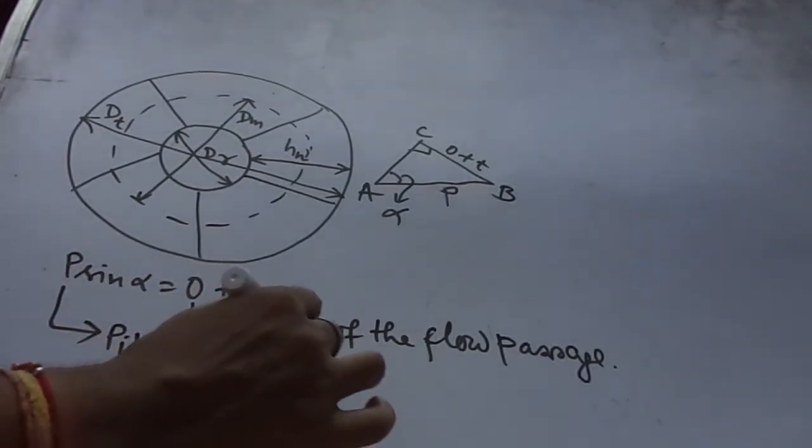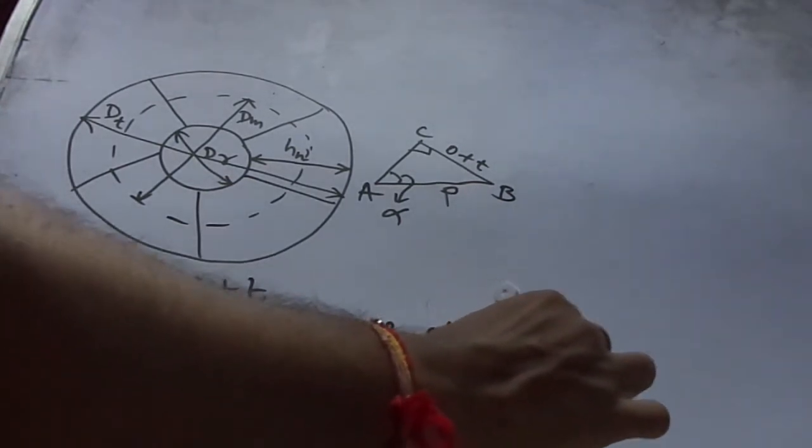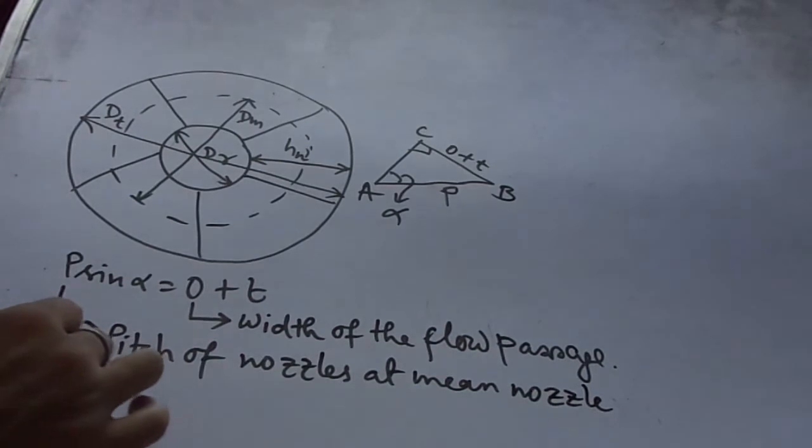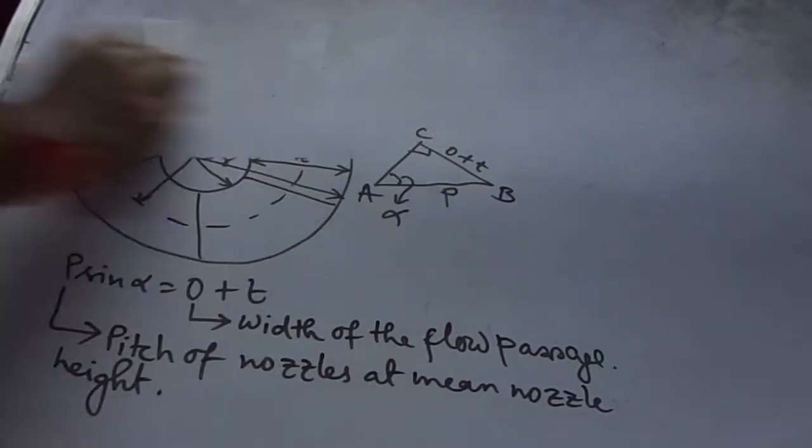The area A is equal to (P sin alpha minus t) H_N.